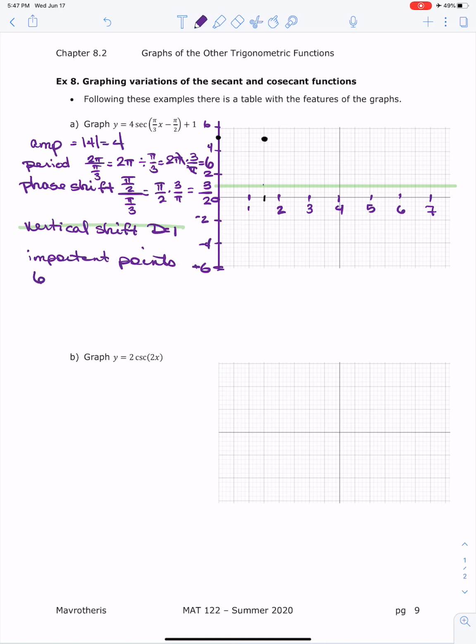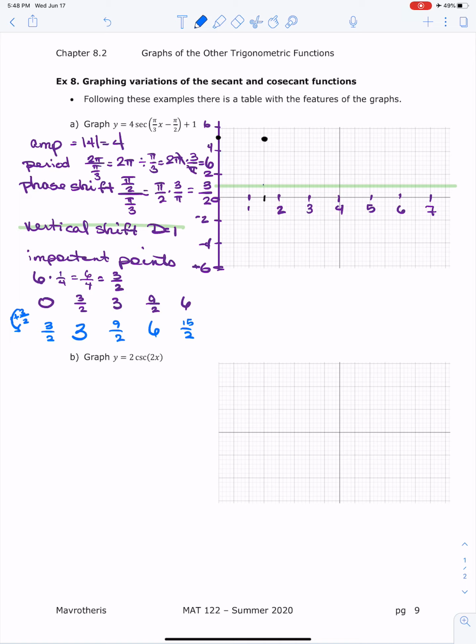I'm going to take my period and divide it into 4 equal parts. So my original function, I'd have 0, 3/2, 3, 9/2, and 6. I'm going to go ahead and add 3/2 because that's our phase shift. And so I'm looking at 3/2, 3, 9/2, 6, and 15/2.